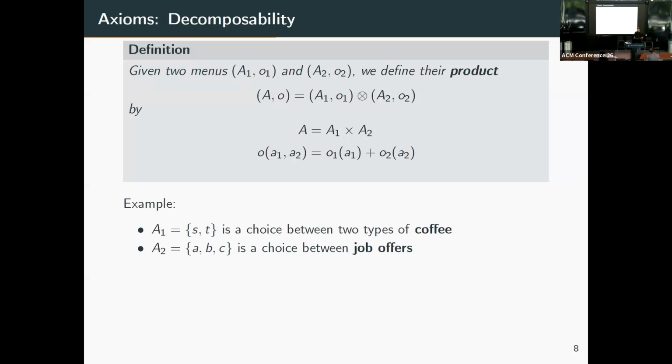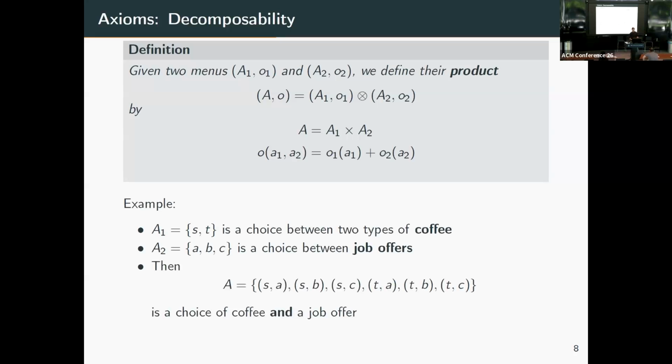Just to give you an example, consider these familiar menus of choosing coffee and choosing job offers. Their product will correspond to a menu where you simultaneously choose coffee and a job offer. And the fact that the outcome is defined in this additive way captures the idea that there are no complementarities between these two dimensions.